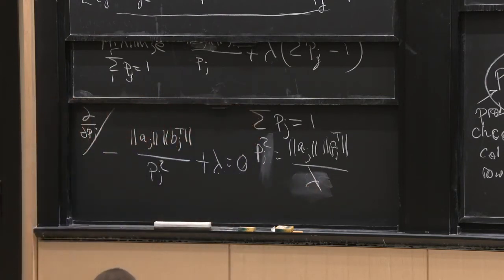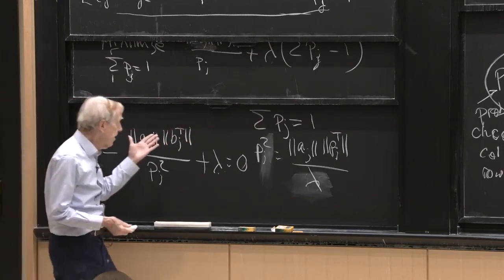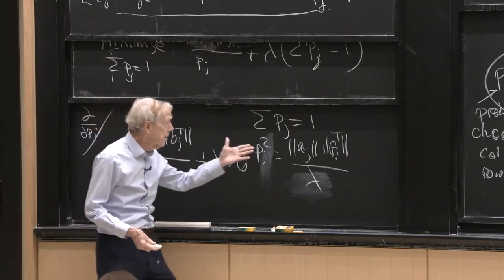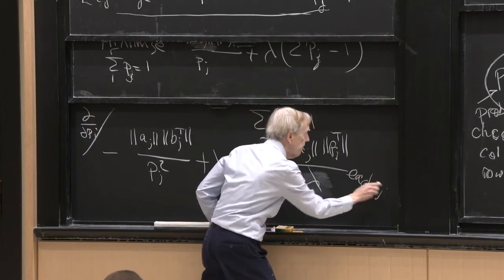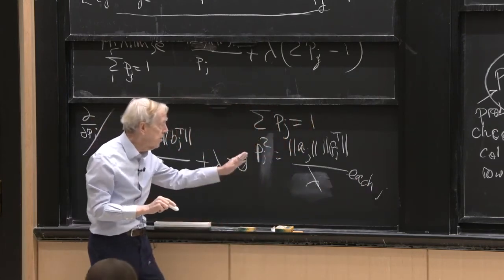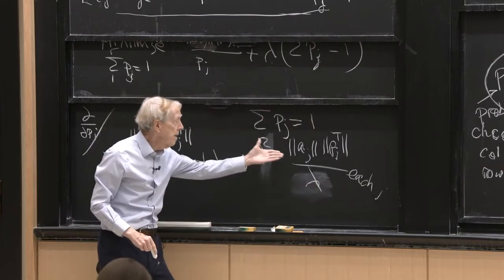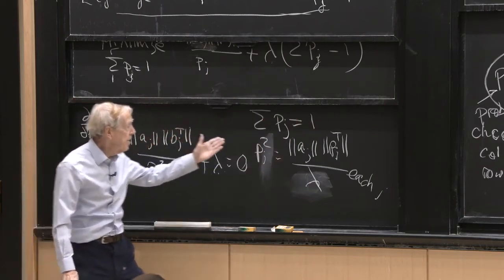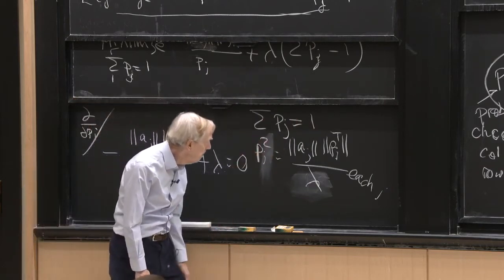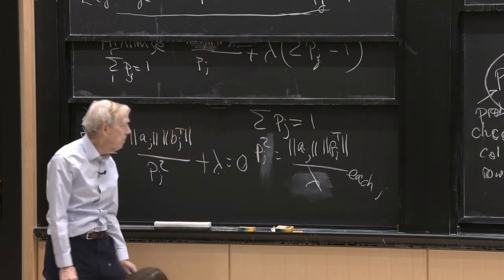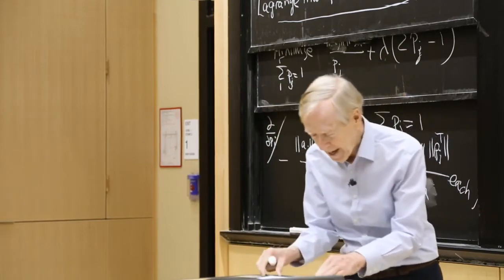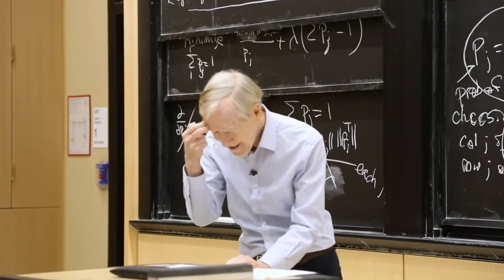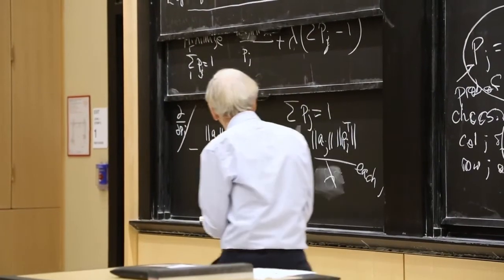Well, what does this tell me? I've taken the partial derivatives with respect to the pj's, and I got this equation for each j. And it tells me that pj squared, wait a minute, what's the square in there for? Help. I've only got 2 minutes, and oh, they have to add to 1.